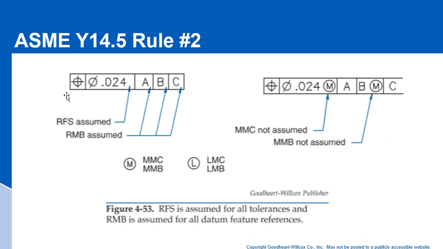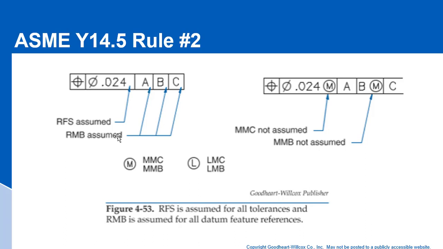In this feature control frame, we do not use any modifiers. Therefore, we assume per rule 2 that this tolerance here applies at RFS, and that all of these datum references here apply at regardless of material boundary.